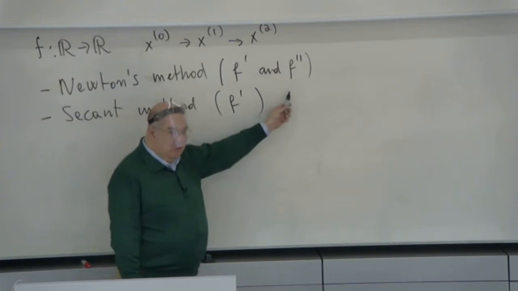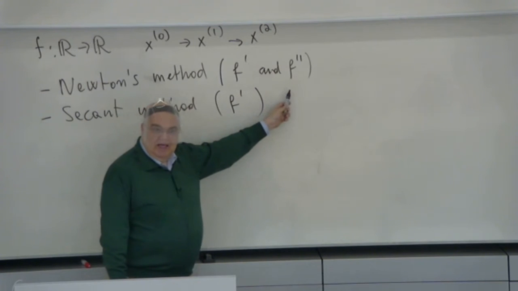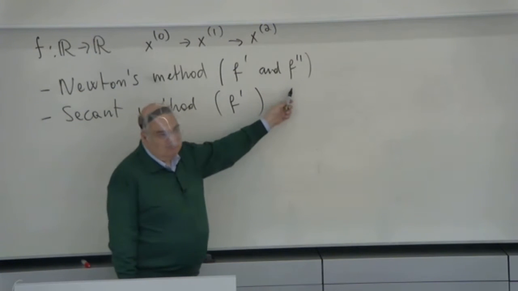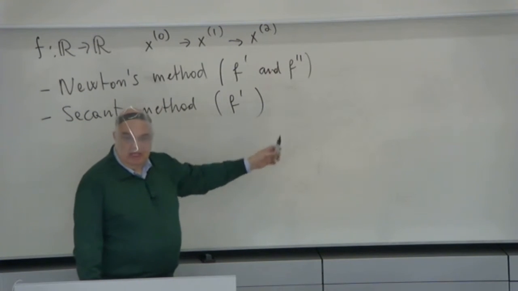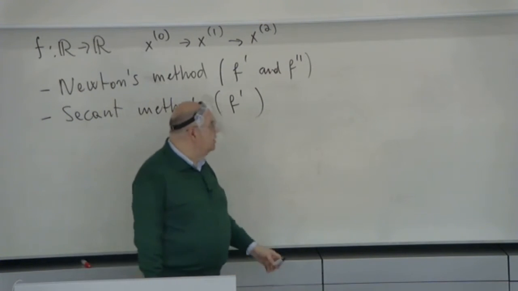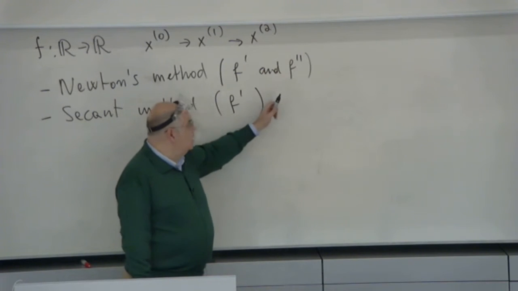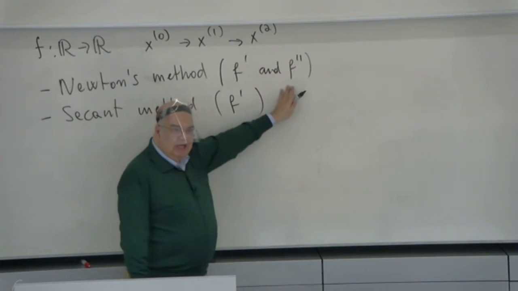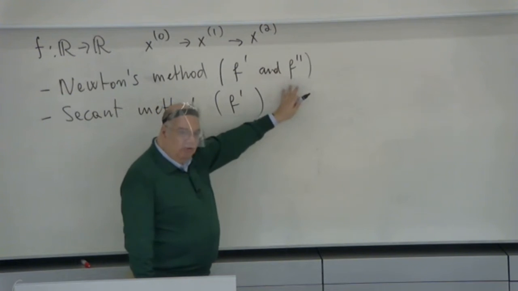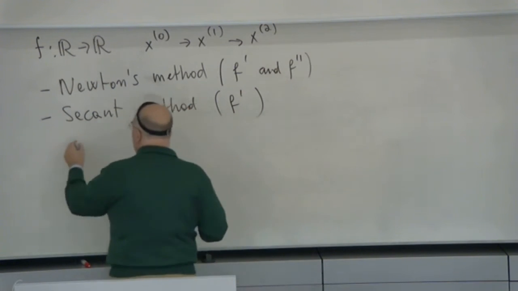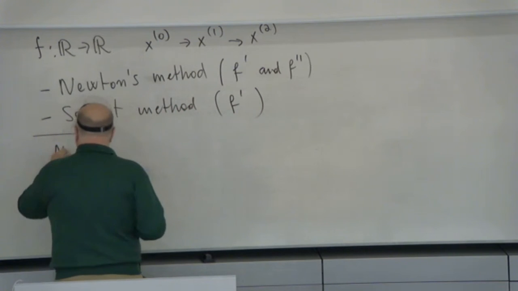If n is large, the number of computations needed for the Hessian matrix could be huge. And so that's the reason why most of the methods in the multidimensional case try to avoid this computation directly.